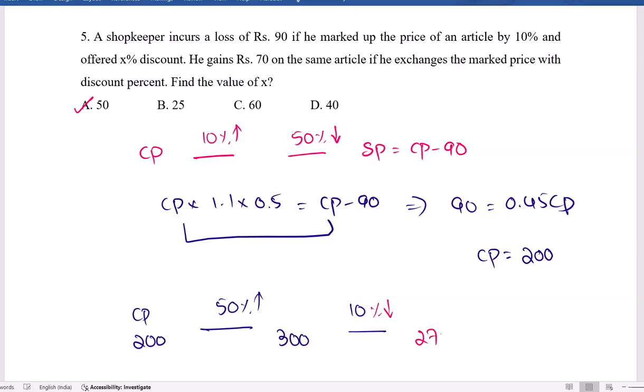You got 270, which is 70 rupees gain only, right? Gain is 70, so it's matching. So my answer is correct.